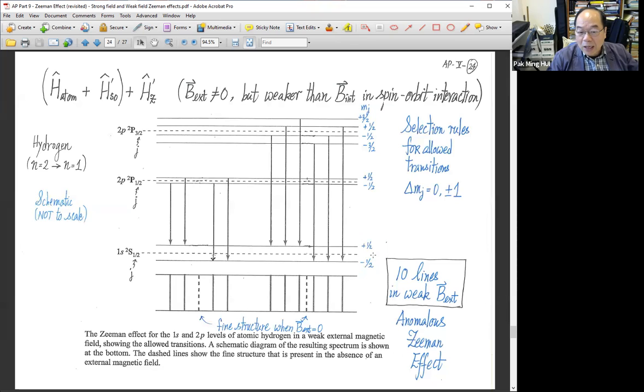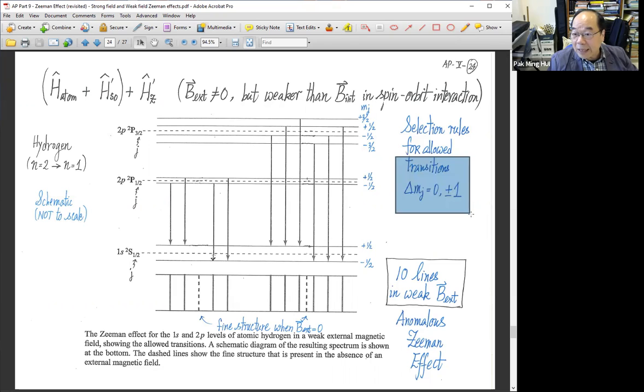You should work out the g factor again because L is 0 here. Okay, so it's a different number. Now, you see, we have 6 levels up there, 4 in a group, 2 in a group, and the 1s becomes 2. Then we will exercise some selection rule for allowed transitions.